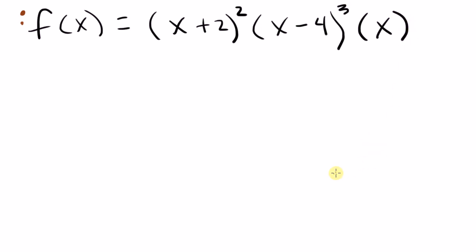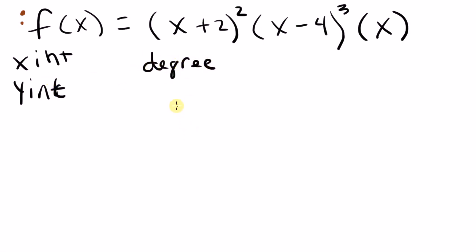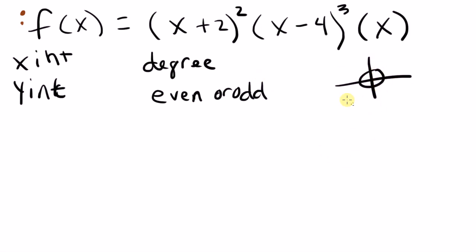Okay, so we need to find x-intercepts, y-intercepts, the degree, and is it even or odd? What the parent function looks like. Don't care what happens in the middle. And let's see.